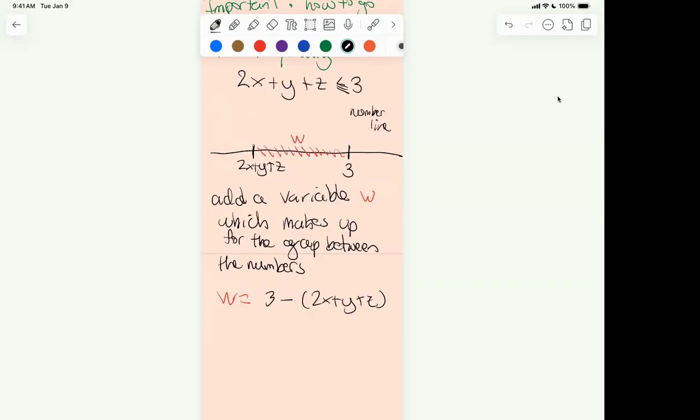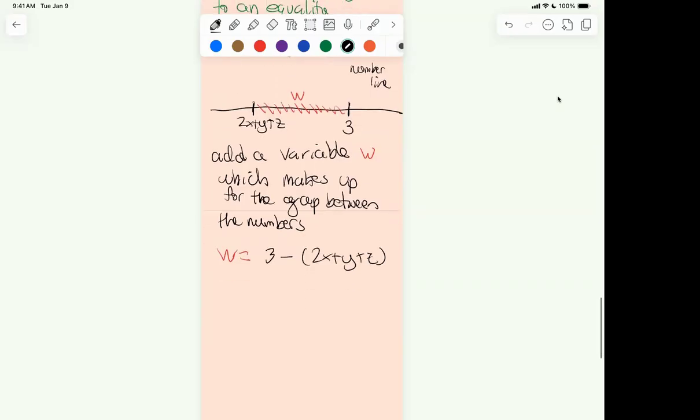But the convention is to always have all the variables on one side, right? So the way you would think about this equation is more like 2x plus y plus z plus w, that's the slack variable, equals 3. It's like saying you're picking up the slack.